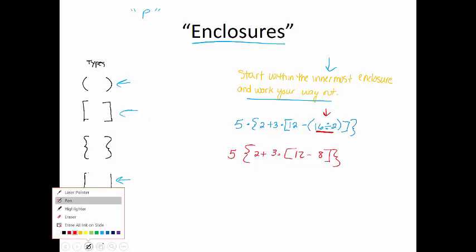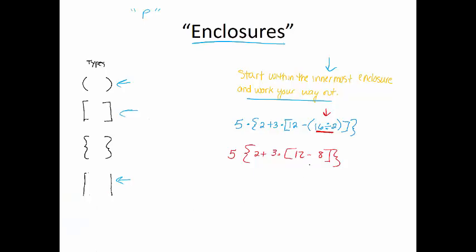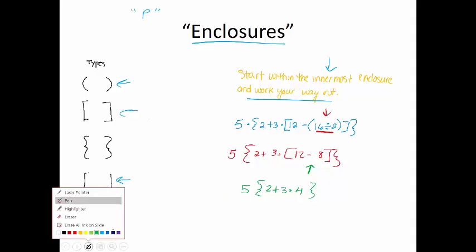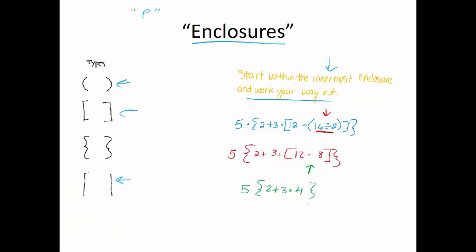Alright, and next we will do, this is our next innermost. So 12 take away 8 is 4. So we have 2 plus 3 times 4 now. Alright, and the next one, we are working in here, and we have addition and multiplication.